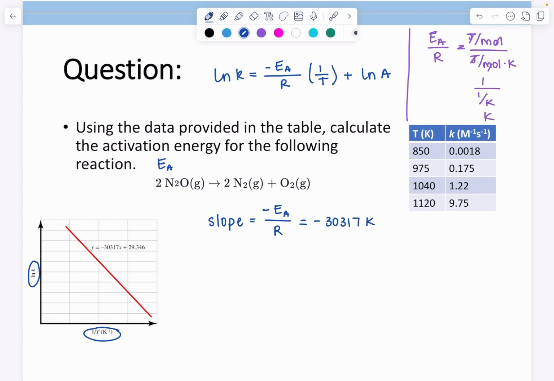If we want to solve for activation energy, we can have activation energy equals negative R, so 8.314 joules per mole times Kelvin, times negative 30317 Kelvin.